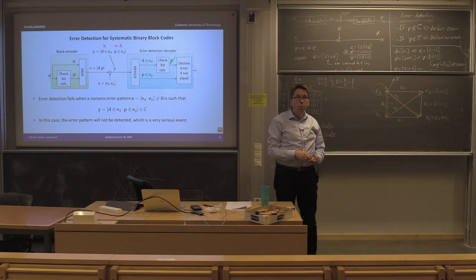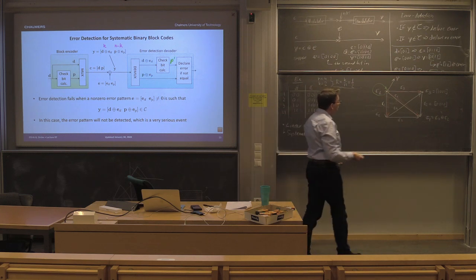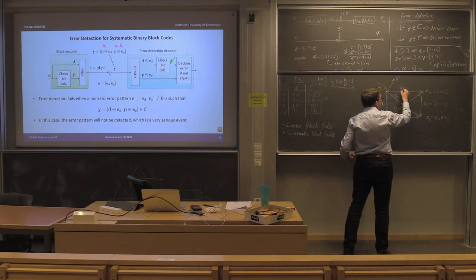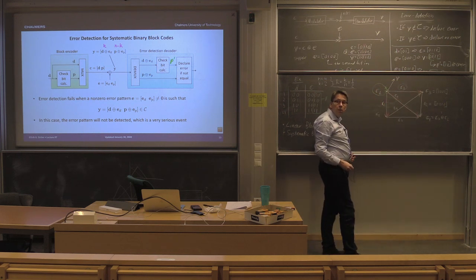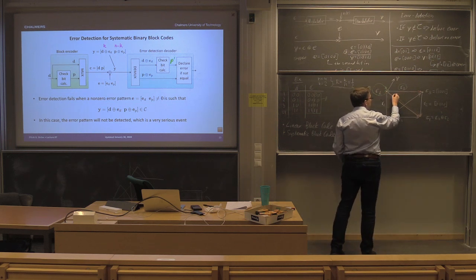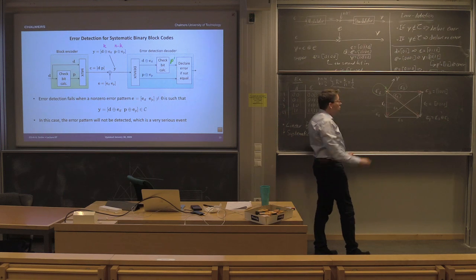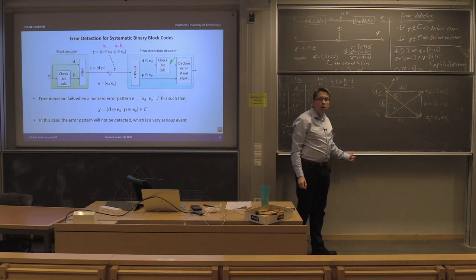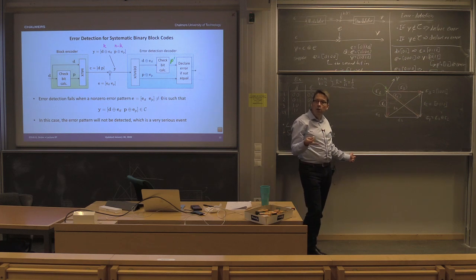And what are the problematic undetectable error patterns when I go from here to here? Well, it's C3. Going from here to here, well, it's C4. Going from here to here, well, it's C2. It's the other code words that are undetectable.